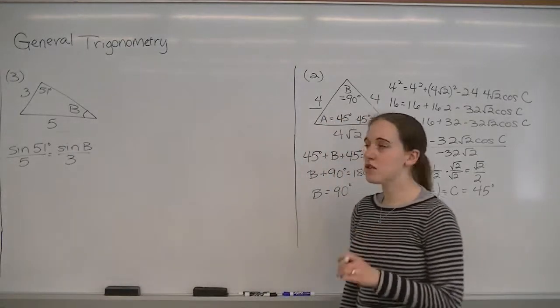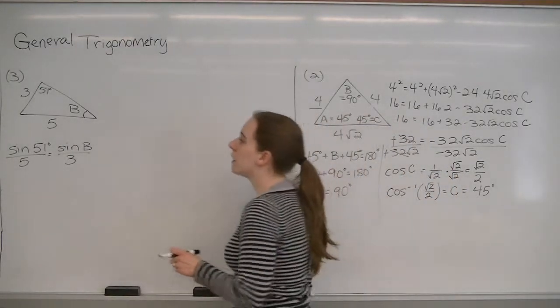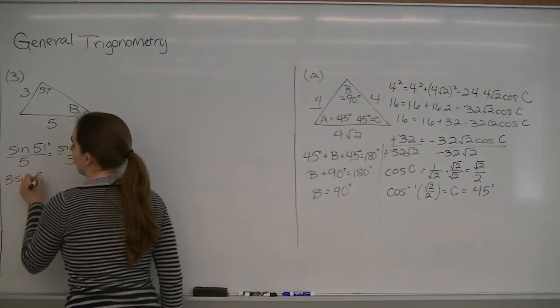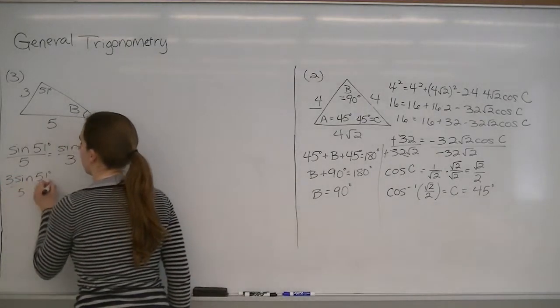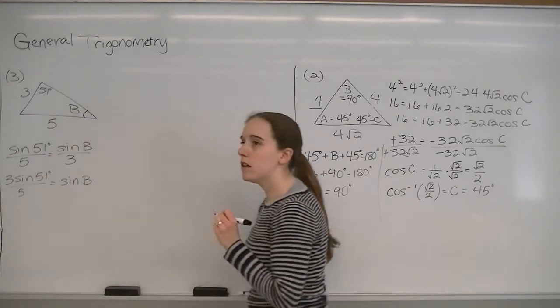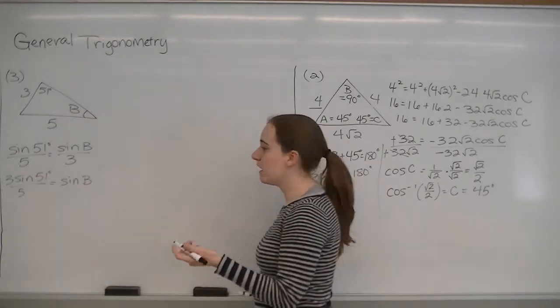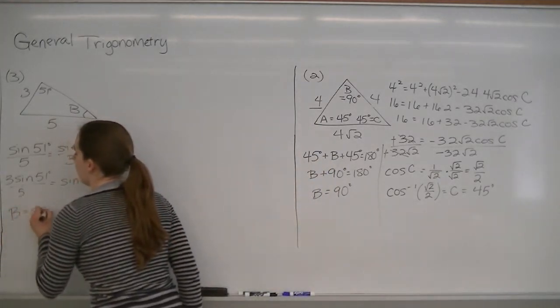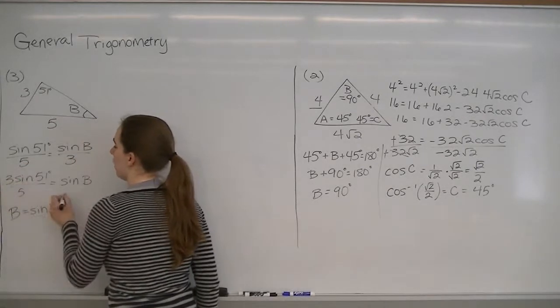So this is very much like that first example we did. We can multiply both sides by 3. And then I can take the sine inverse. So B is equal to the sine inverse of all of this.